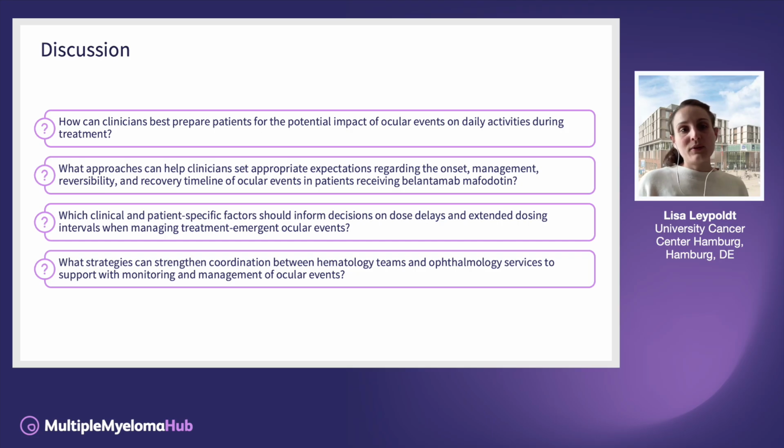And this actually also refers to the last discussion point here, what can strengthen the coordination. I think it should be a recommendation to talk to the ophthalmologist yourself, at least once at the beginning, or if you encounter any troubles, any adverse events, because sometimes it helps to have direct communication between the eye specialist and the hem-onc specialist, and not just via the patient, because sometimes information is misunderstood or not understood at all, and then you can only rely on what is written there.